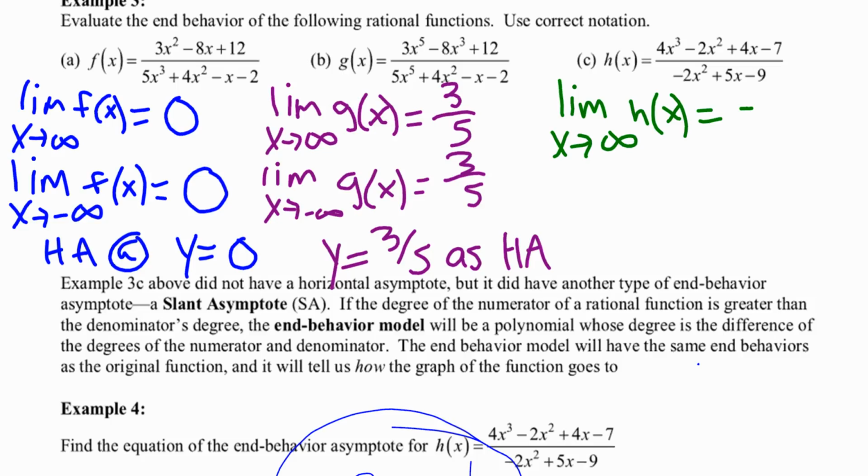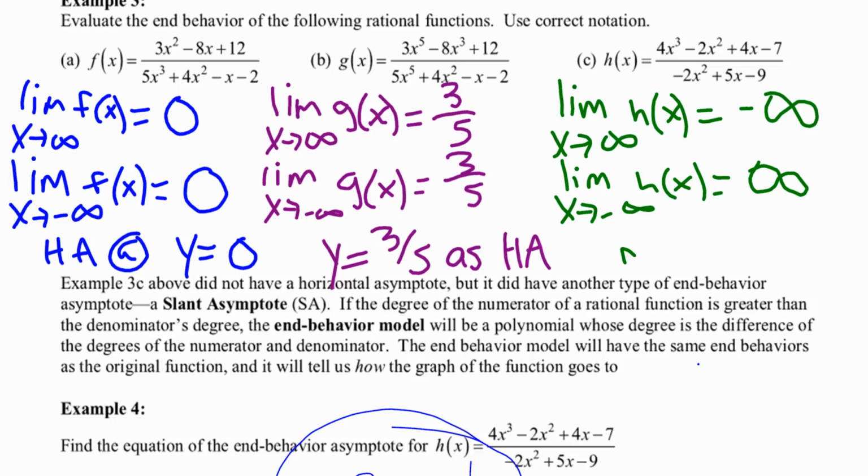So we're going to be going towards negative infinity. The limit as x approaches negative infinity of h of x is at the top, we would have a negative number. At the bottom, we'd have a negative number. So in this case, it's going to be approaching positive infinity. So we will have no horizontal asymptotes in this example. We will have something else, and that'll be discussed in the next video.